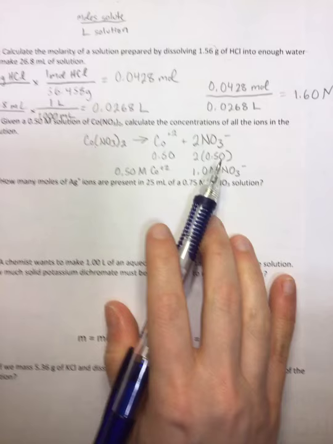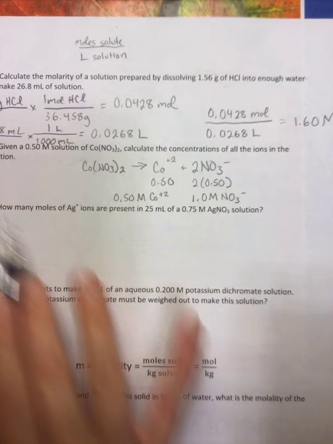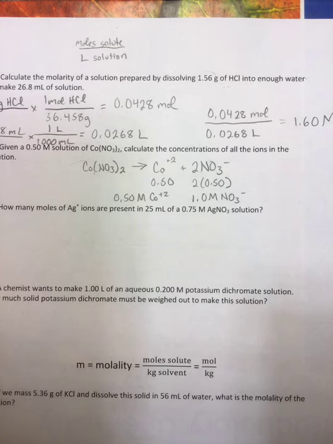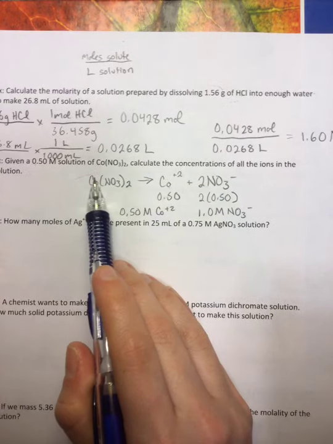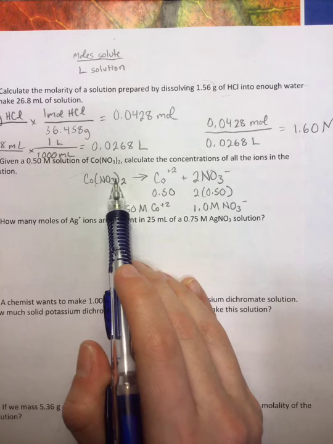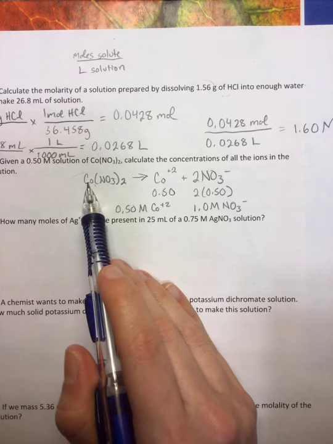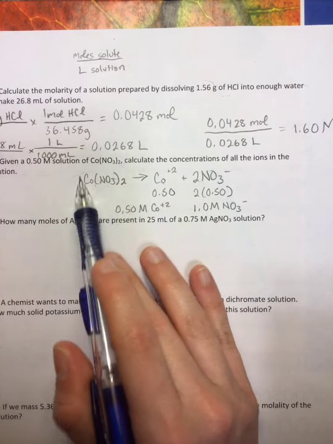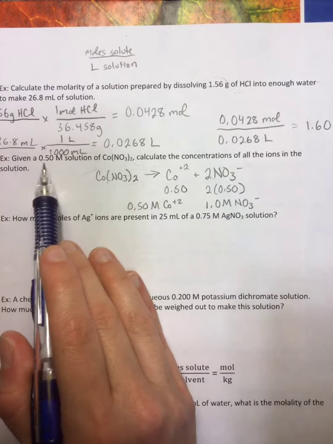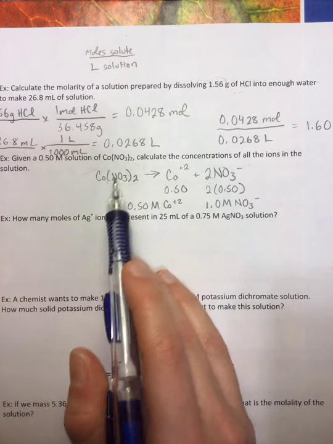Now this concept right here is a little bit hard for some people to wrap their heads around, but just think about it. It's like going back to making cheeseburgers, okay? We love to talk about cheeseburgers in here. Think of this right here. My nitrates are my bread. My cobalt is my burger. This is my cheeseburger, and I have 0.50 moles of them for every 1 liter.